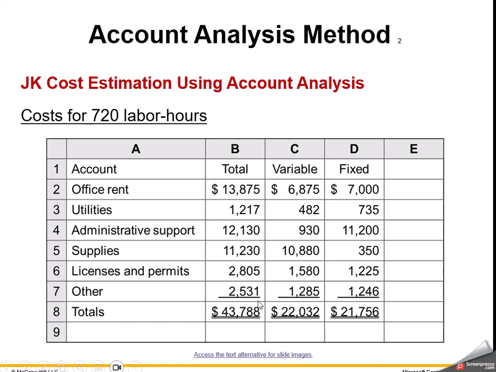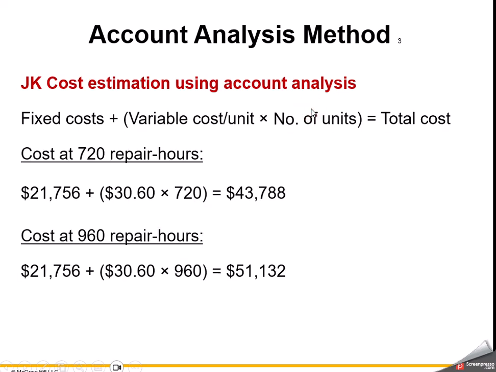Then we can add those up in total. So we can make some estimates based on this account analysis: we could have a variable rate per direct labor hour, and then we know how much fixed costs we have at that level. So then here is what that is.